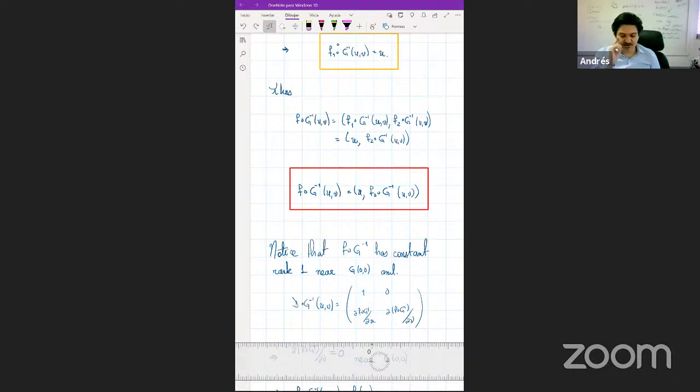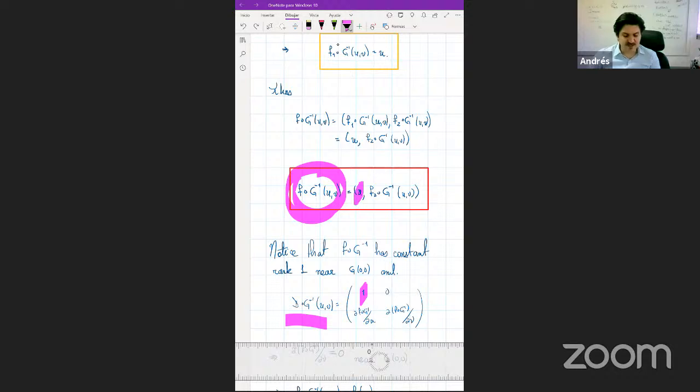I want to compute the Jacobian of this. I forgot to write the f there. Because I take the derivative of this with respect to u, 1. With respect to v, 0. This with respect to u, and with respect to v. So there's some mistake here.